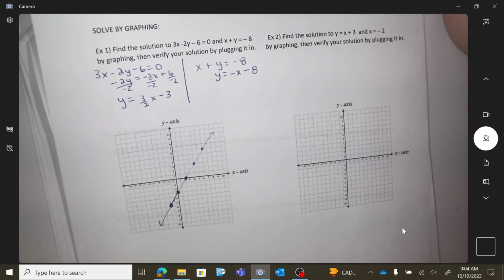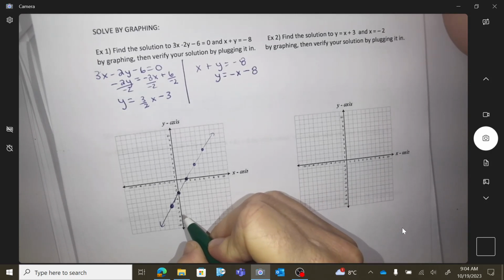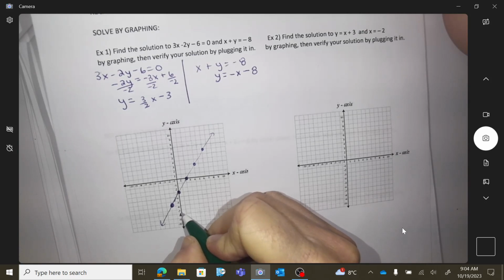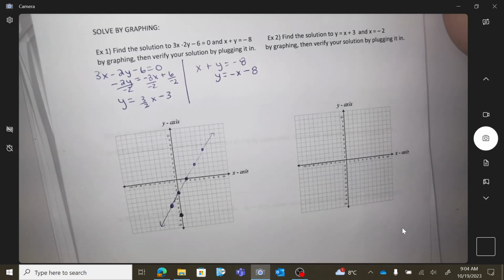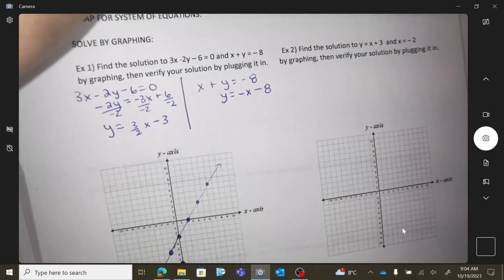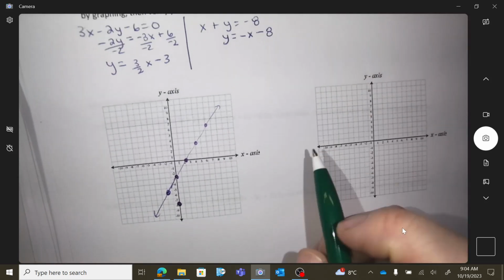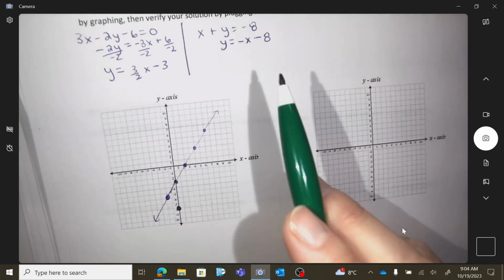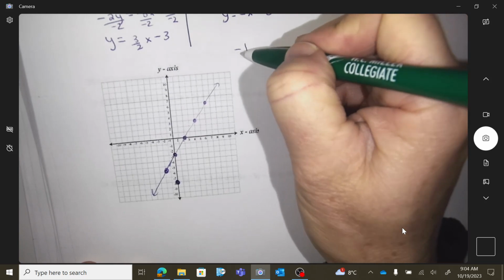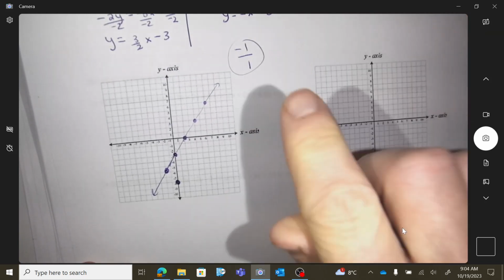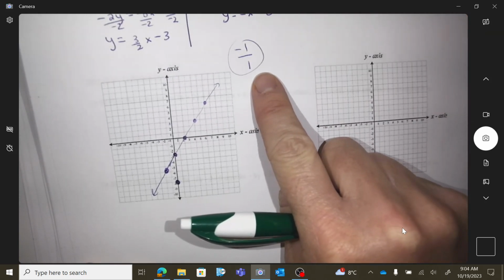Okay, so the other line will be a negative 8 on the y-axis. And then the slope is negative 1, so negative 1 as a number is like that.